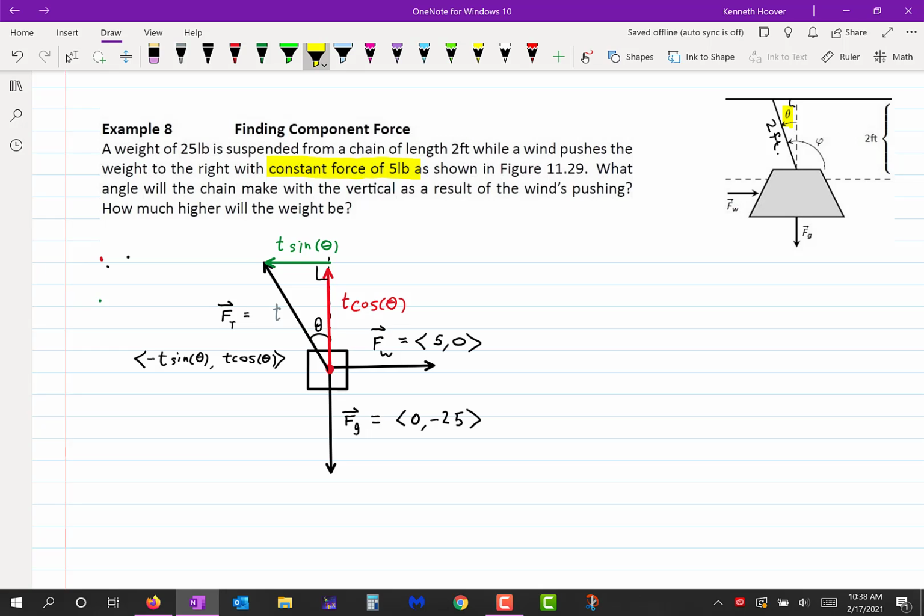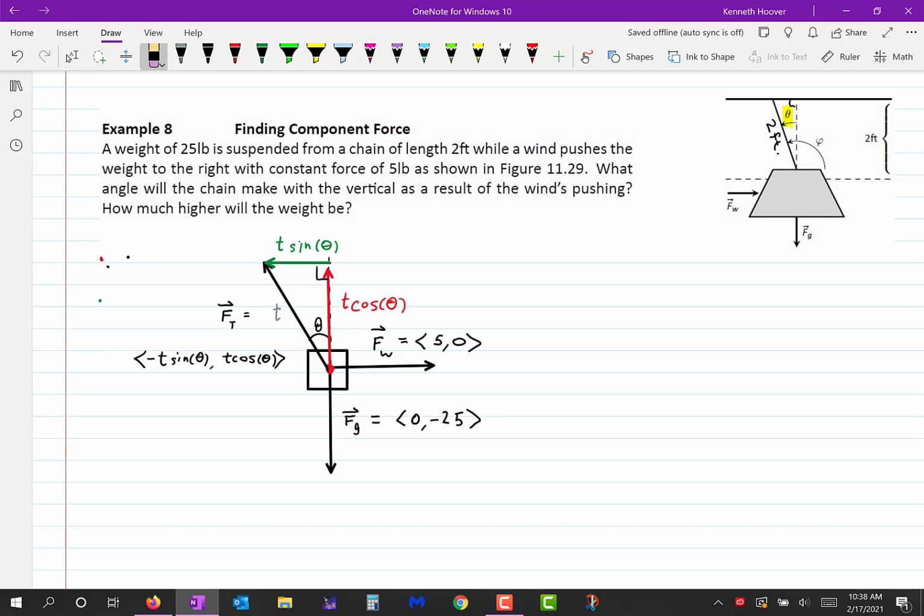It's always fluctuating a little bit. But they're trying to explain a situation here where this is probably in a wind tunnel or something, you know, it's not hanging outside on your porch. And so they've manufactured in such a way that the wind is perfectly constant. So this thing would move to the right, but it wouldn't be swinging back and forth. It would be sitting still.